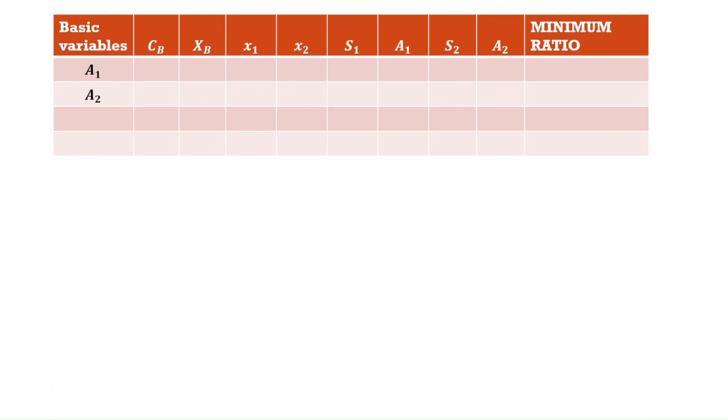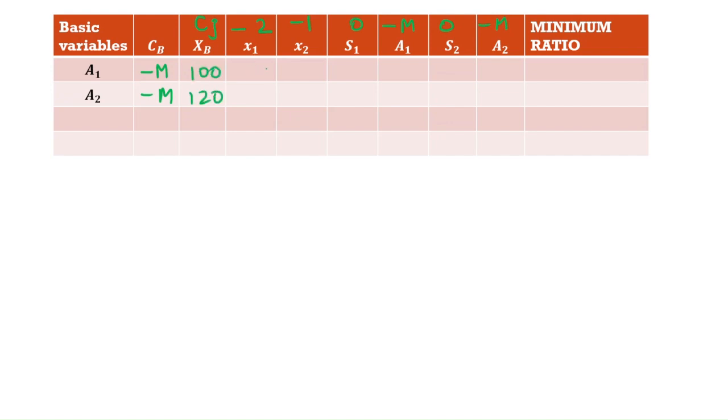So this is the initial table, and here the Cj that we are having is minus 2, minus 1, 0, this is minus M, 0, minus M. So it's your choice whether you want to write S1 S2 together and A1 A2 together. That's your choice. So this is minus M, their cost is 100 and 120.